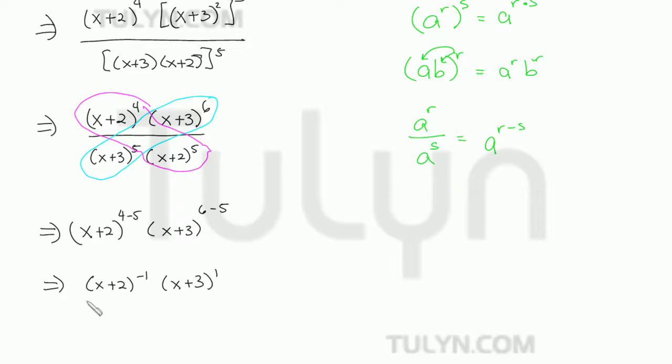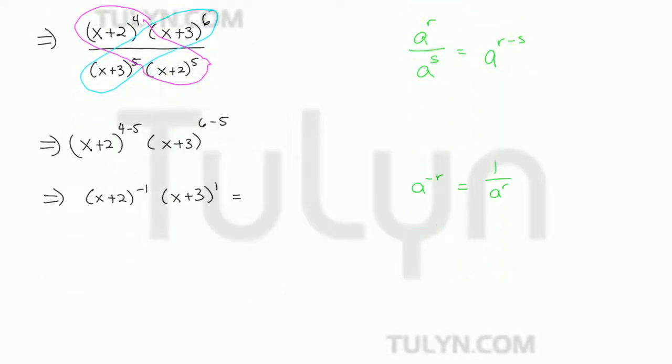The last thing to do is, we generally don't like leaving negative exponents. When you have a negative exponent, it just gives you the reciprocal. So we take the reciprocal, which is 1 over (x + 2)^1, just 1 over x + 2.